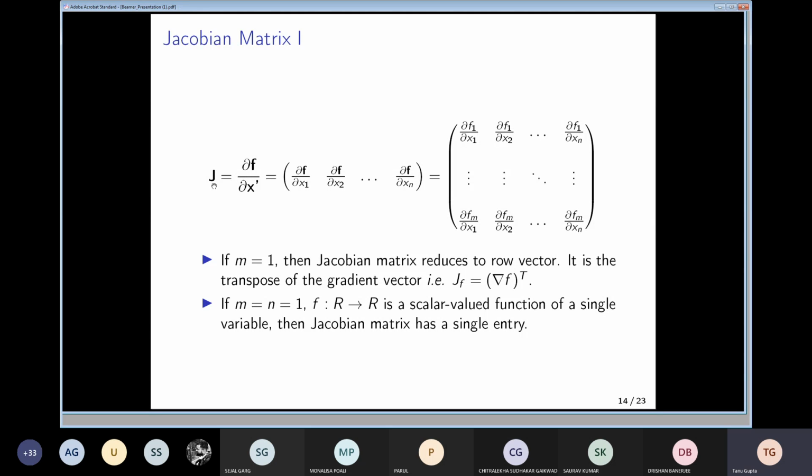So how do we represent a Jacobian matrix? It is nothing but del f by del x prime. If you remember, I told you in the previous class that the notation, where we write transpose and where we do not use the transpose sign, is very important, and it tells you how we are stacking the matrices.